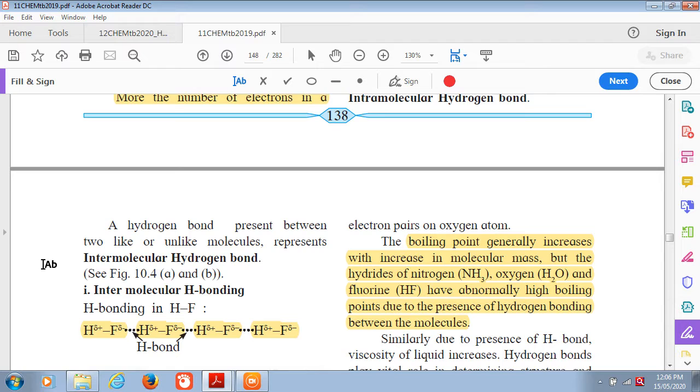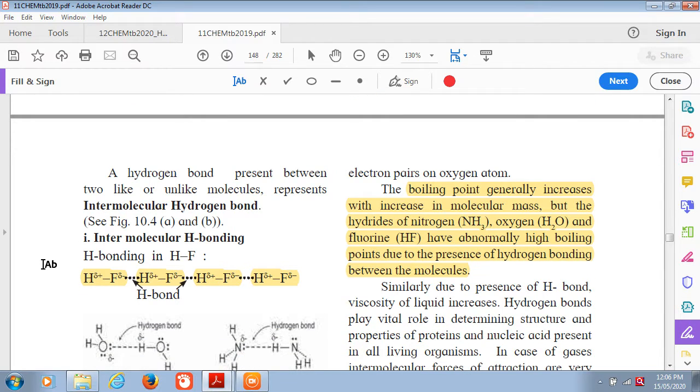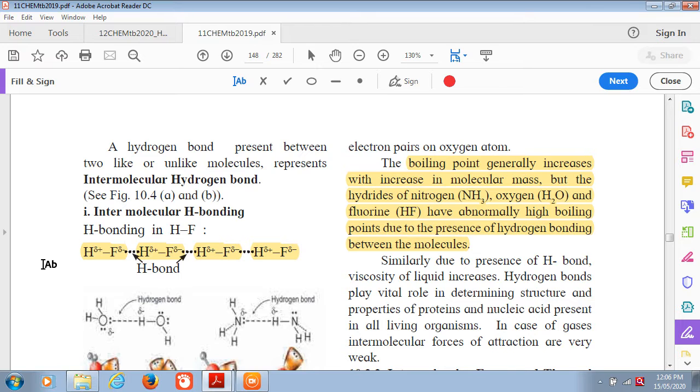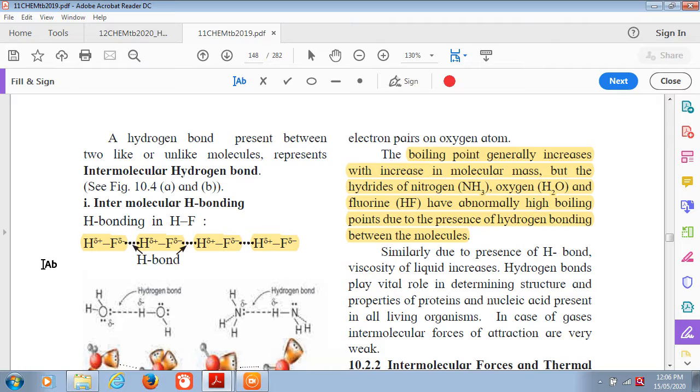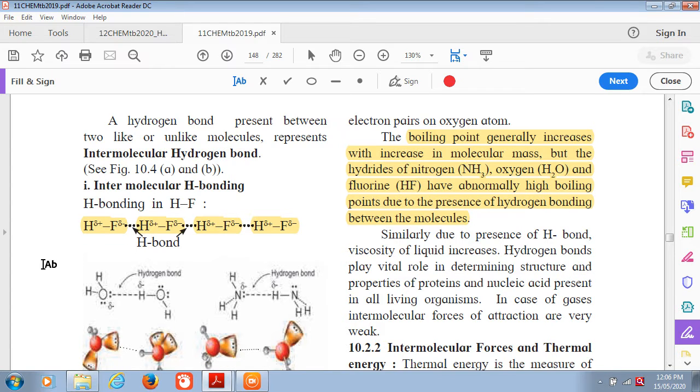So if you observe hydrogen fluoride, the hydrogen atom of one molecule which is positively charged gets attracted towards the negatively charged fluorine of another molecule, the bonding between these two atoms is called hydrogen bonding, and in the diagram it is shown with a dotted line.